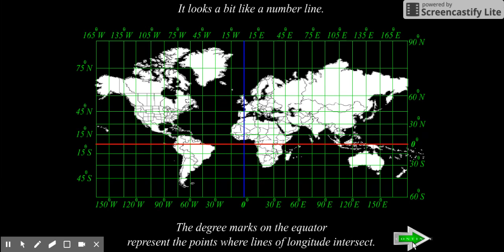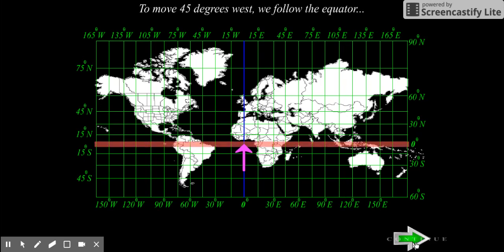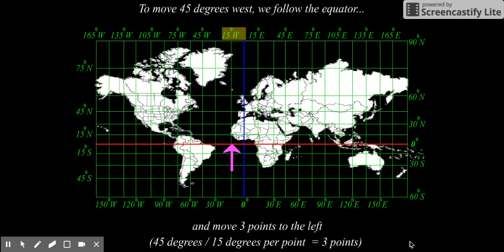The degree marks on the equator represent the points where lines of longitude intersect. This map shows points of longitude every 15 degrees. To move 45 degrees west, we follow the equator and move 3 points to the left.